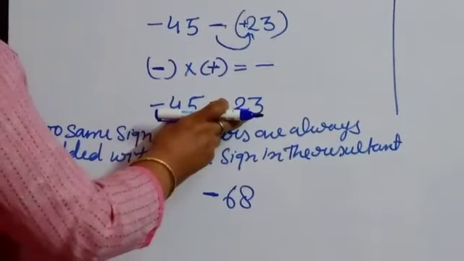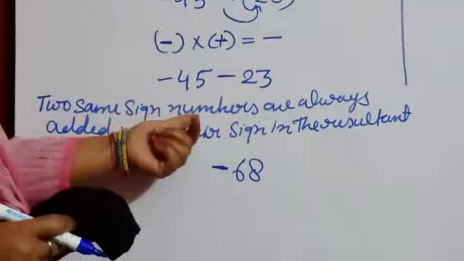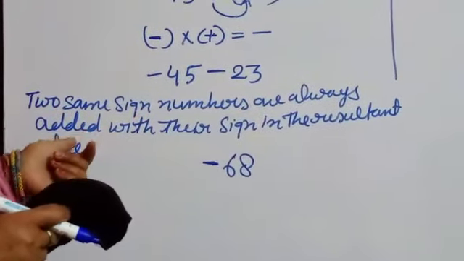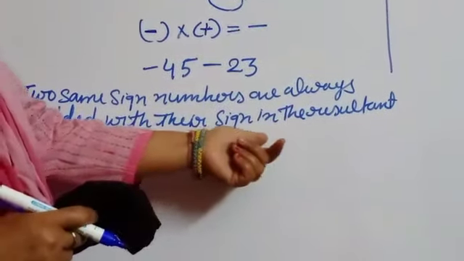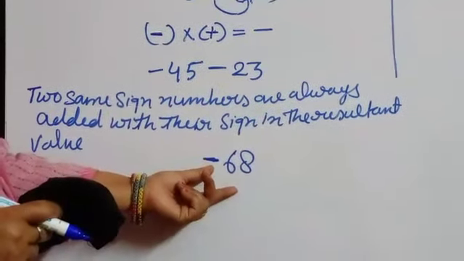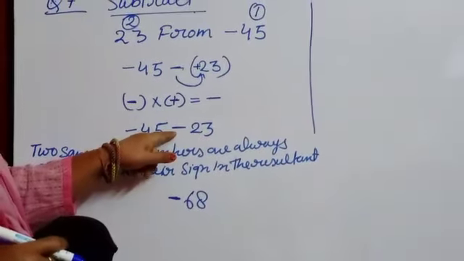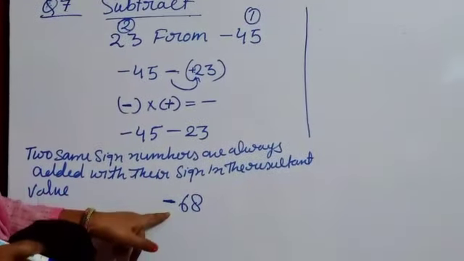Now the addition and subtraction rule of integers will be applied: two same sign numbers are always added with their sign in the resultant value. Now add them and whatever answer comes, that will be your answer. And because both the numbers have a minus sign, in your result also a minus sign will come.